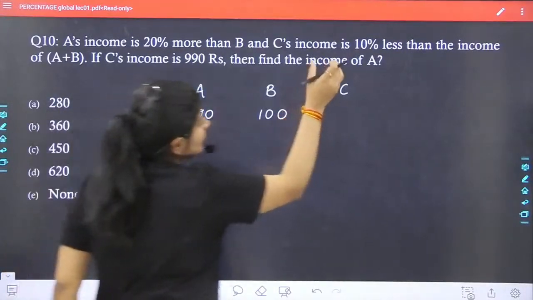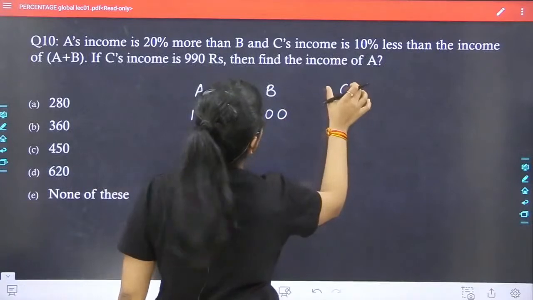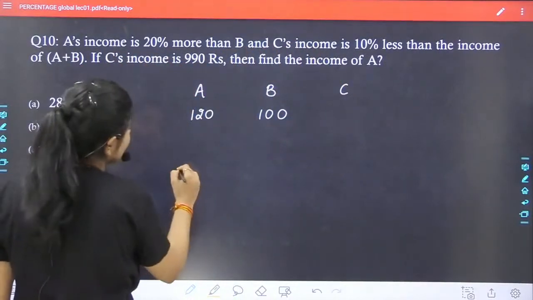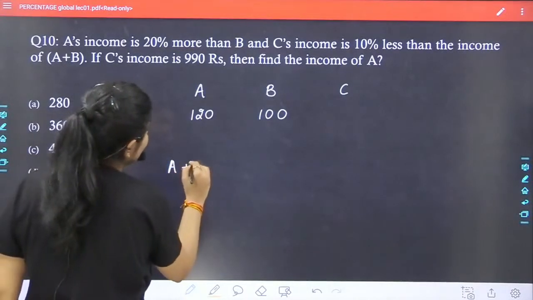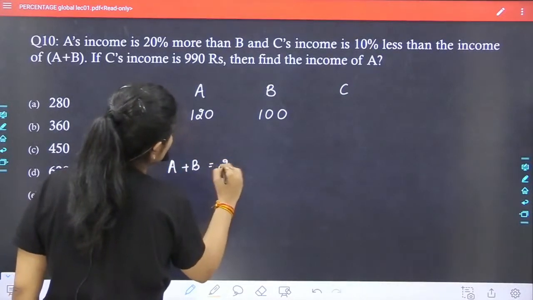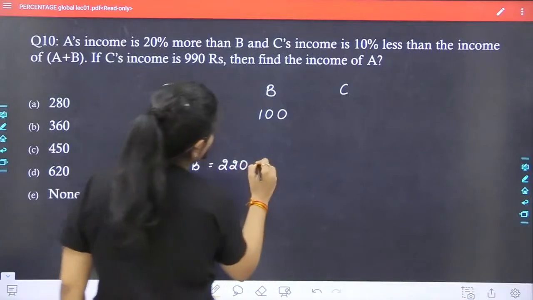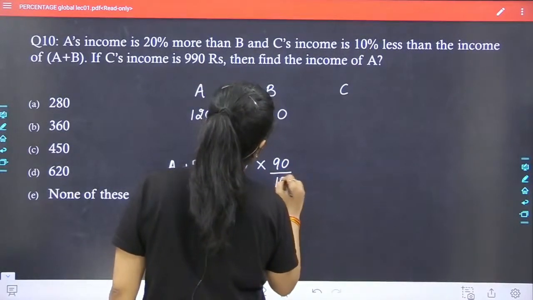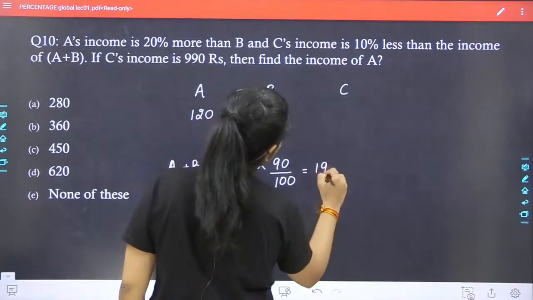Now the income of C is 10% less than the sum of A and B. So the sum of A and B is nothing but equal to 220, and if I subtract 10% from here, I'll get 198 as my answer.